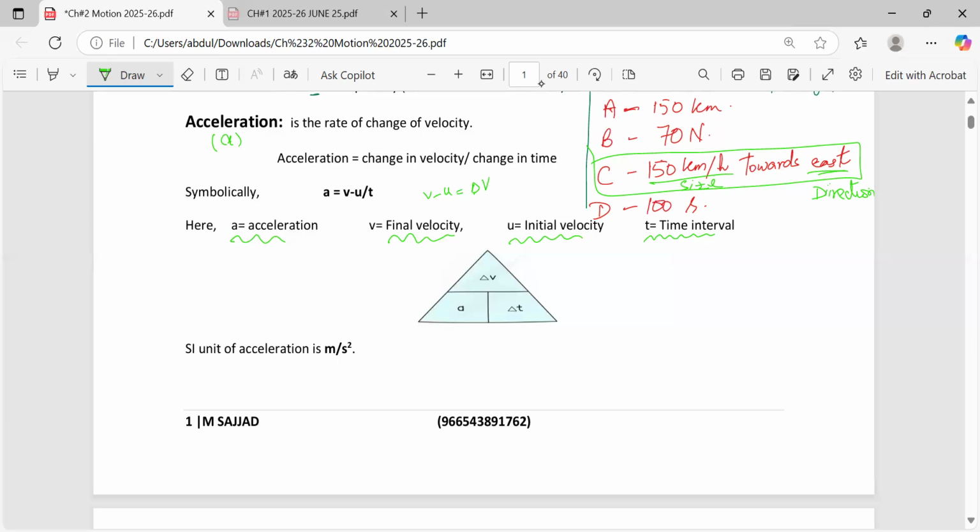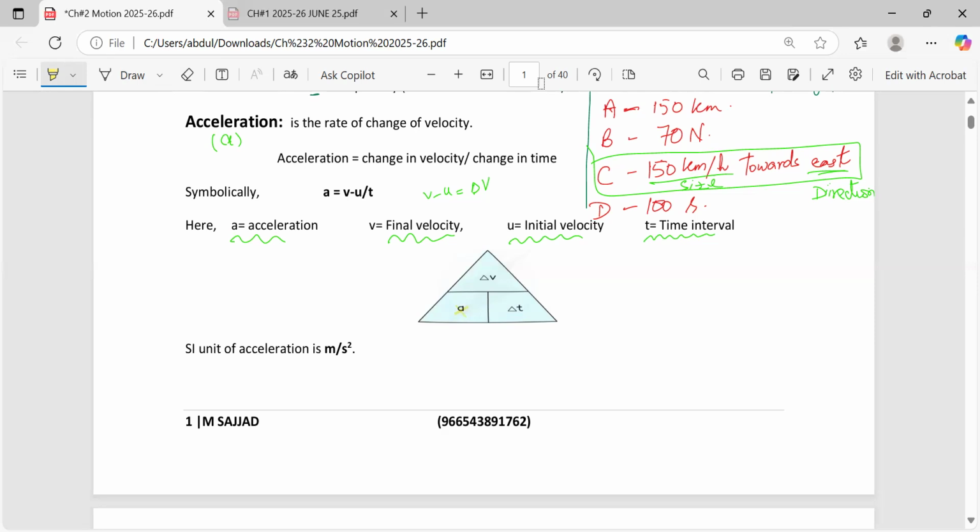If you want to find a, it will be delta V over t, that is, V minus U over t.